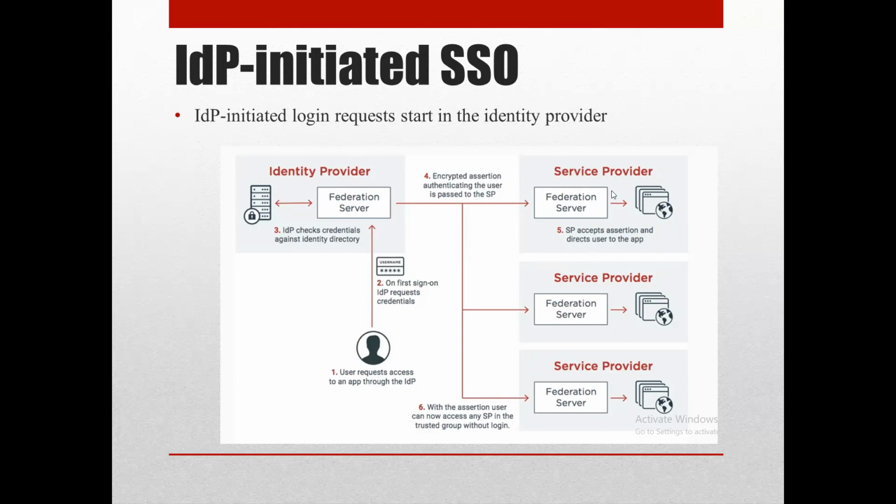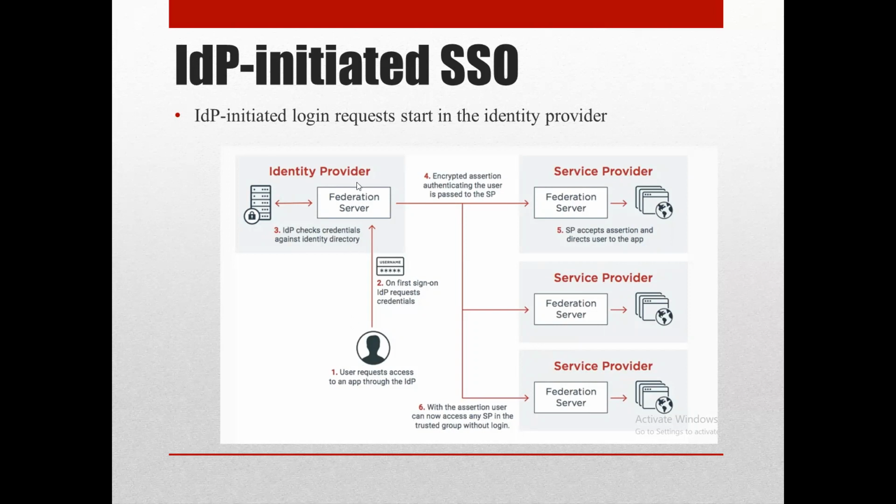What exactly the service provider will be doing is providing access to the particular user based on their permissions. So all about this IDP initiated flow is that the user directly tries to log in to PingFederate.